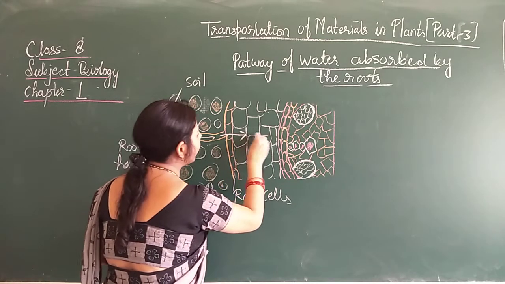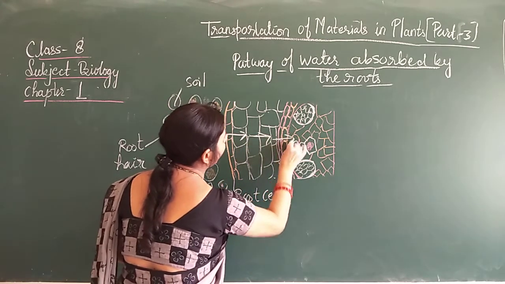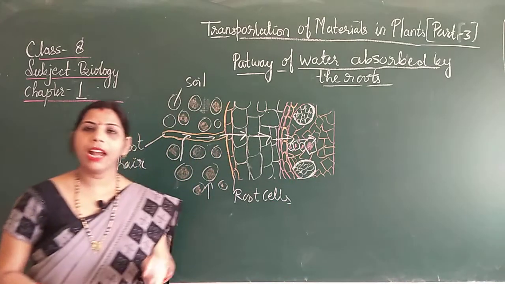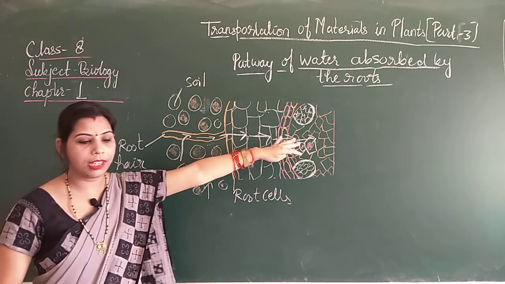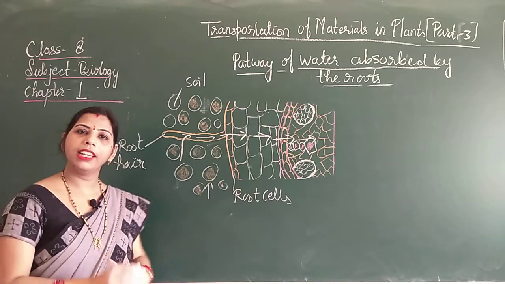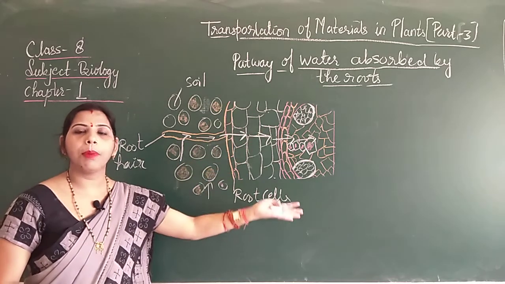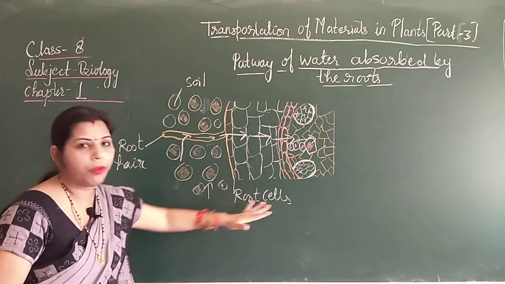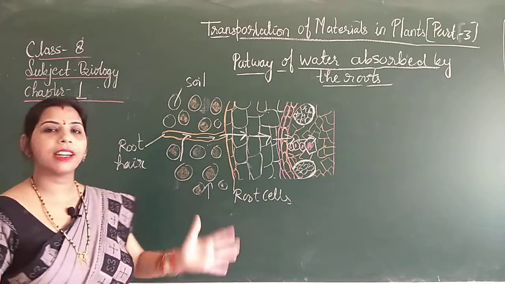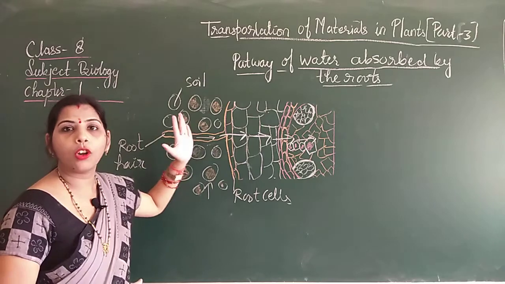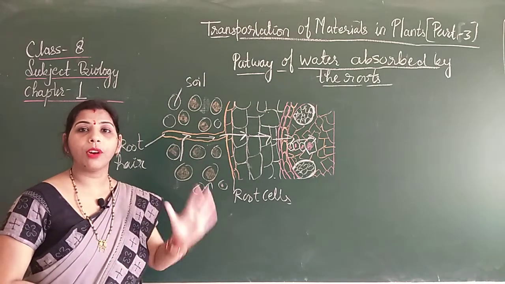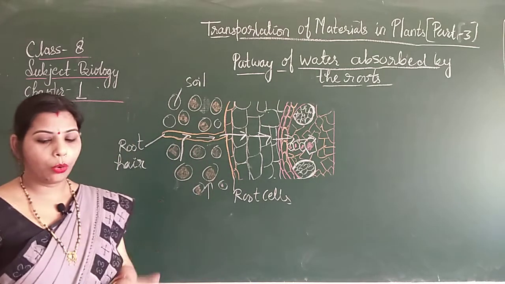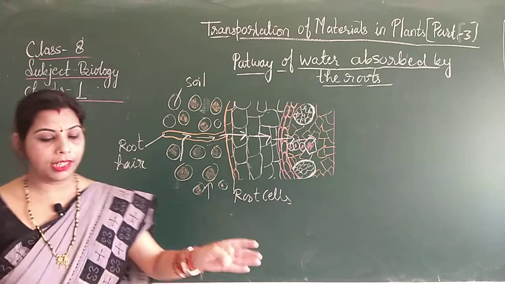So water is moving because of osmosis, and it goes towards the xylem and phloem, and then it is transported to the other parts of the plant. So this shows the pathway of water absorbed by the root, and this process occurs by osmosis, and I told you, please watch that video to know about osmosis.